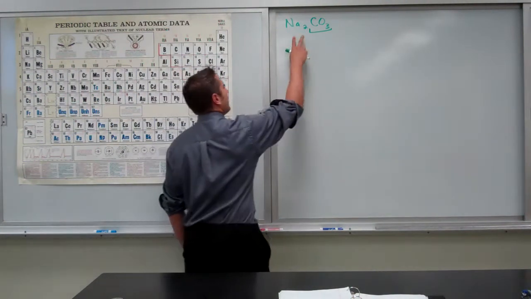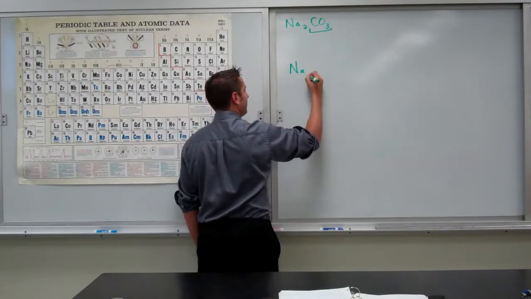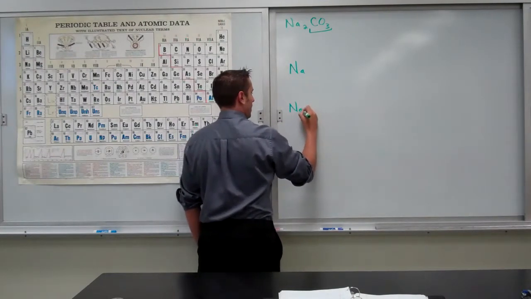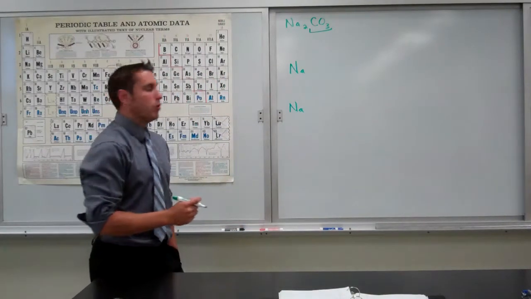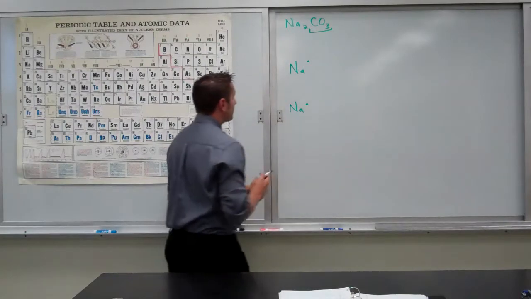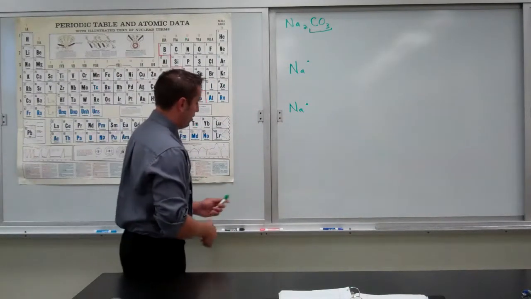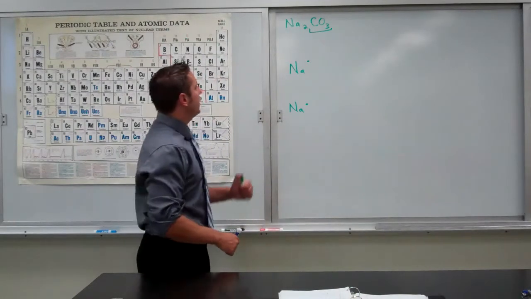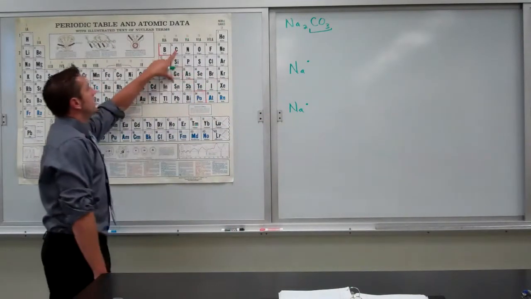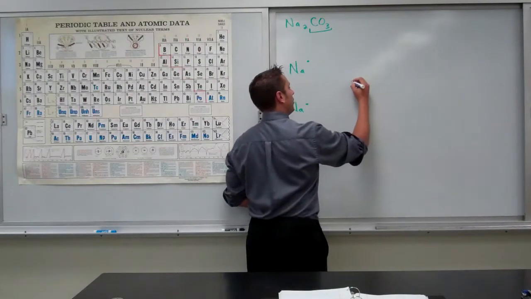So if you look at the formula, we have 2 Na's, and because sodium is in group 1, they each have 1 dot. Then I have to try to draw the structure for CO3. Right? C is here. Right? O is here. C needs more to get to 8, so it goes in the middle.